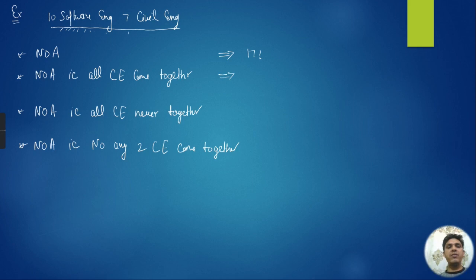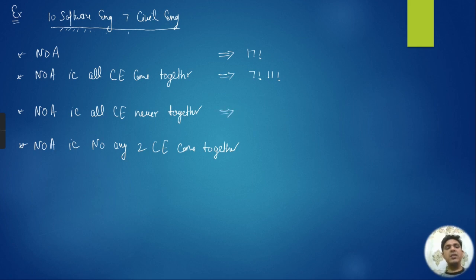First, we have to arrange 7 civil engineers in a line, which can be done in factorial 7 ways. Now we are left with 10 software engineers, and we have to arrange them with one group of civil engineers, that means 10 plus 1, that is 11. So the answer will be 7 factorial multiplied by 11 factorial.